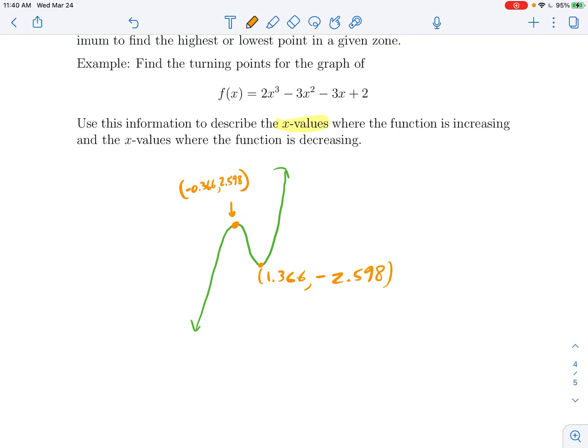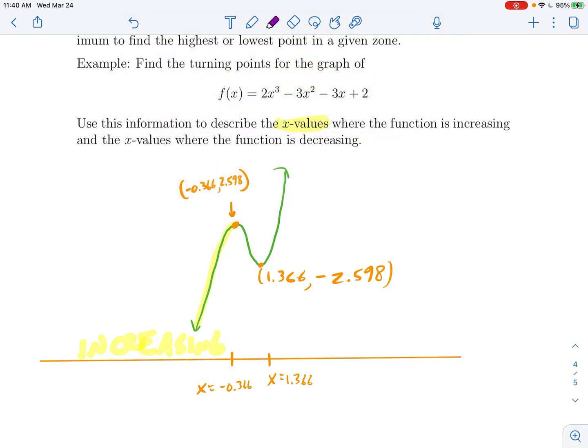So what we can kind of do is imagine we're comparing this to a number line, and here is where x is negative 0.366 on the number line. Here is where x is 1.366. And what I'm noticing is if I read this graph from left to right, before I get to the first turning point, I'm increasing.